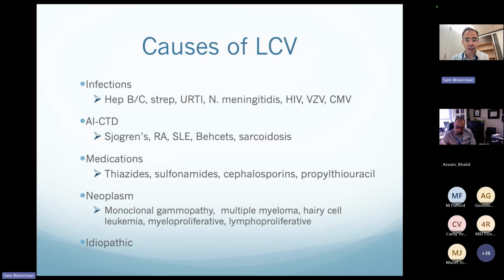With regard to the neoplasm, nothing had really changed. Typically, it's hematologic malignancies associated with an LCV. And she had been dealing with her malignancy for years, so that was less likely to be the cause. And if there was nothing to pin it on, idiopathic. But she's doing a lot better now, having stopped the IV NSAID and switched over to daptomycin.